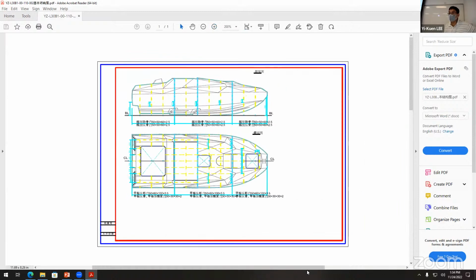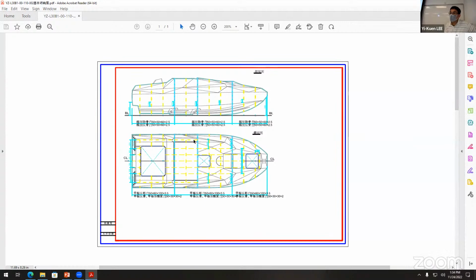Any idea? This is a real product. I'm not talking about some example from our lecture. How can you create a simplified 3D model?